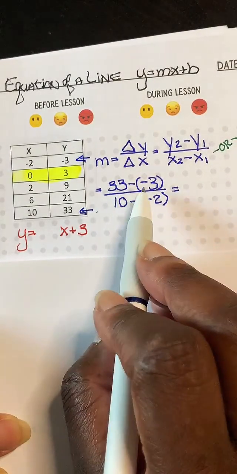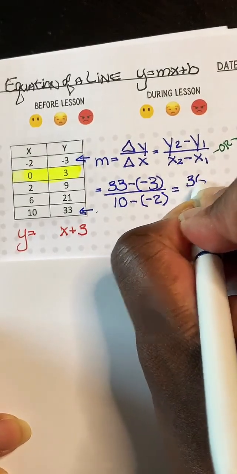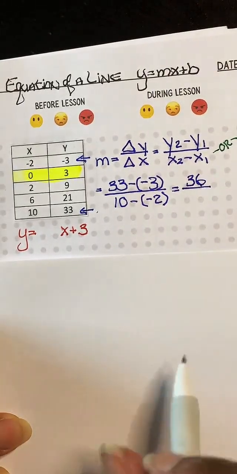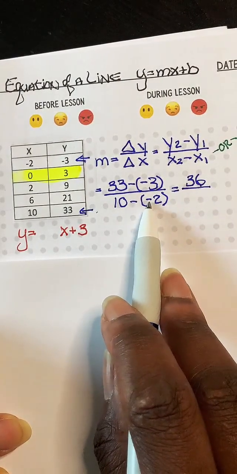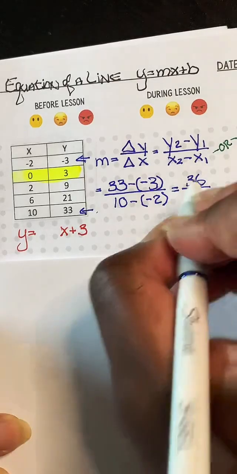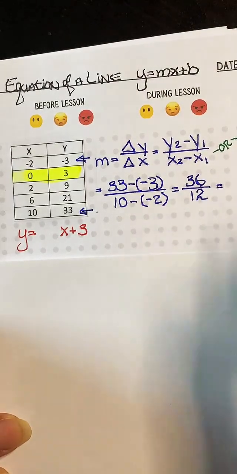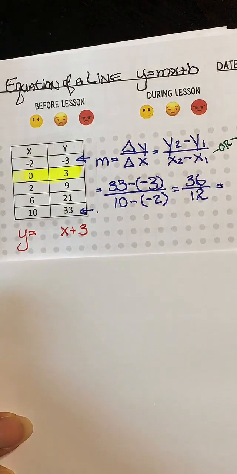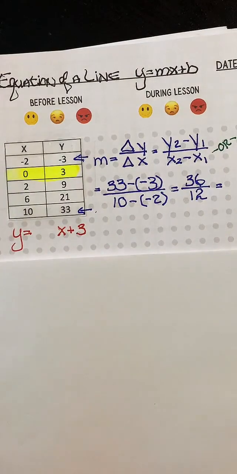So 33 plus 3 will give me a 36. And 10 plus 2, because minus a negative turns positive, this will give me a 12. So 36 divided by 12, that can be reduced to what?